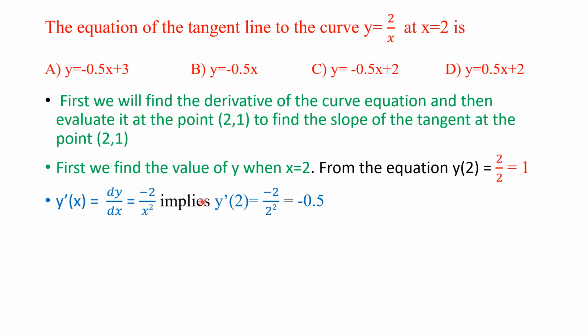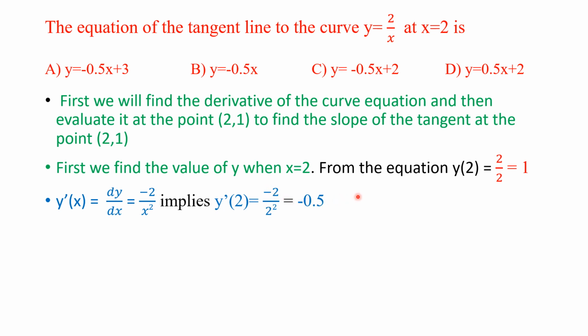This implies that y prime of 2, plugging in 2 for x, equals negative 2 divided by 2 to the power 2, and this ratio will give us negative 0.5.